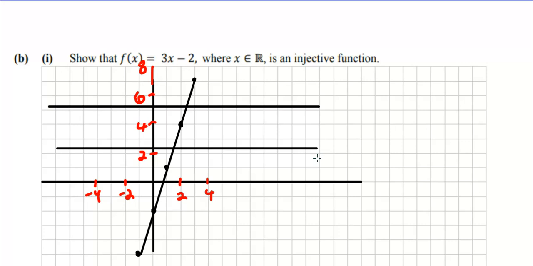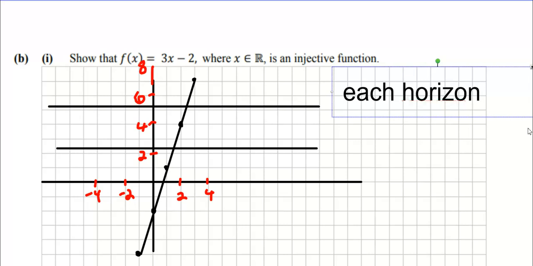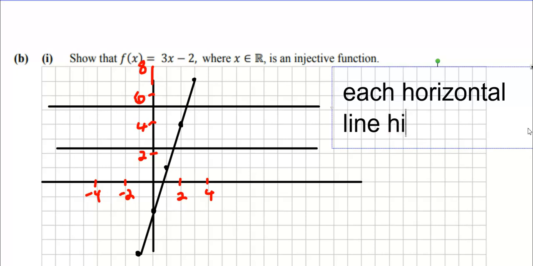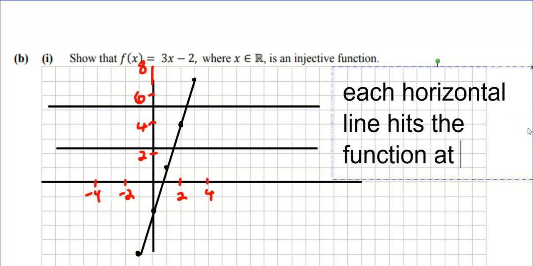So you'd write that down, yeah? Every horizontal line hits it only at most once. Is that cool, you guys?